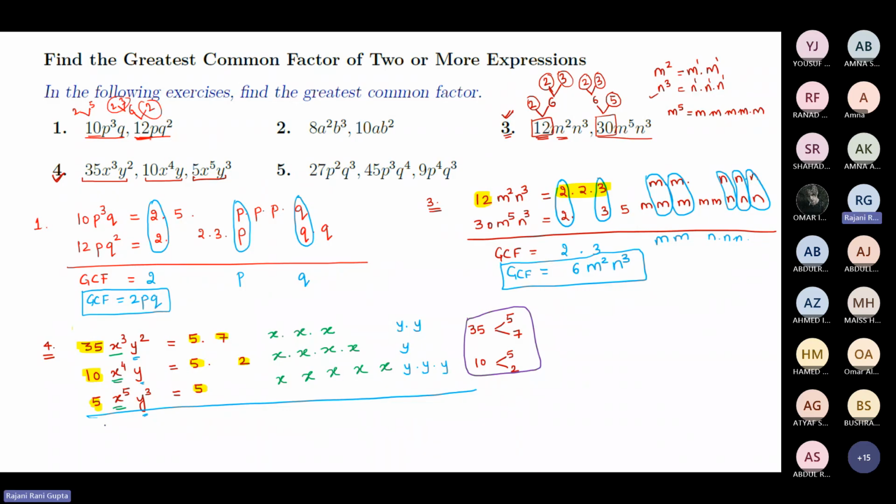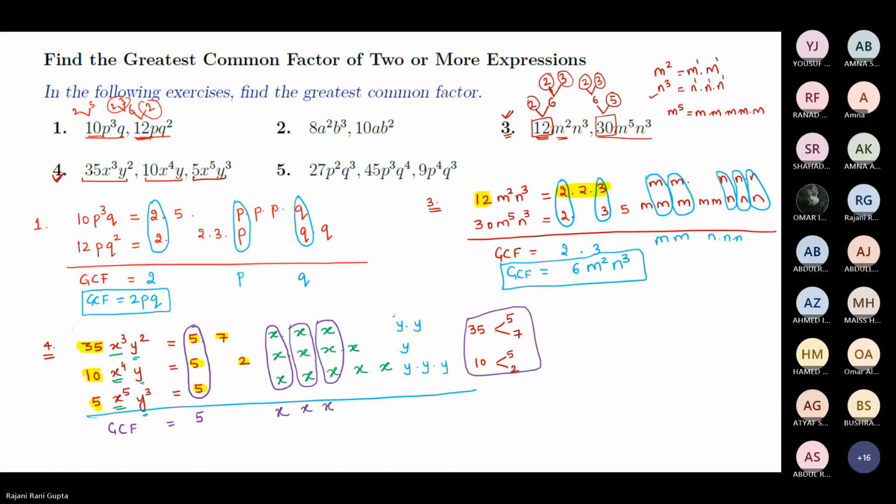Okay, good. So when we are writing greatest common factor, we write the number that is the same in all three parts. So here we have 5, so we write down 5. We have this x here in the same line. We also have this x here, and we have this x also here.